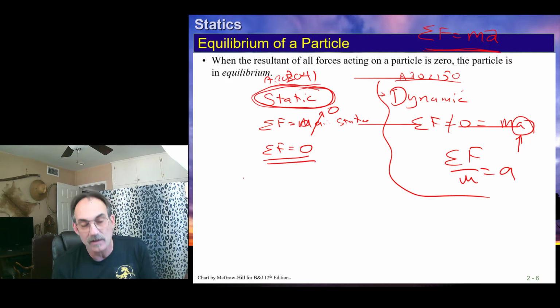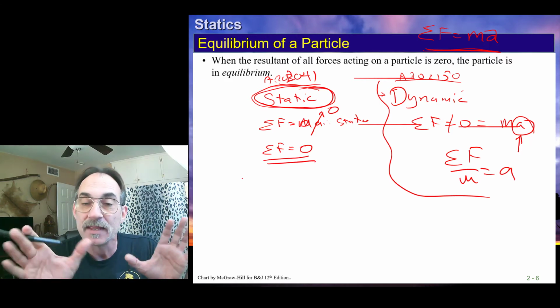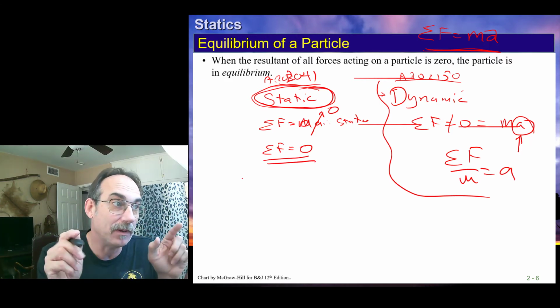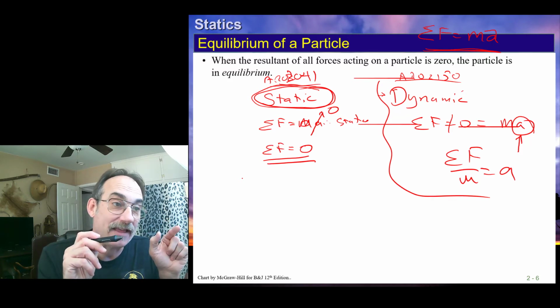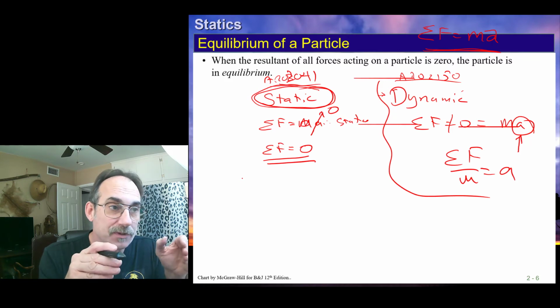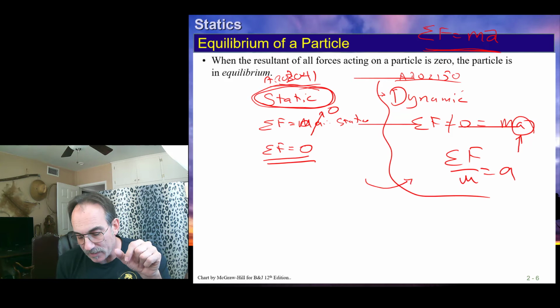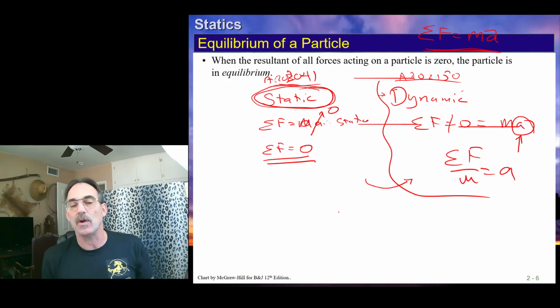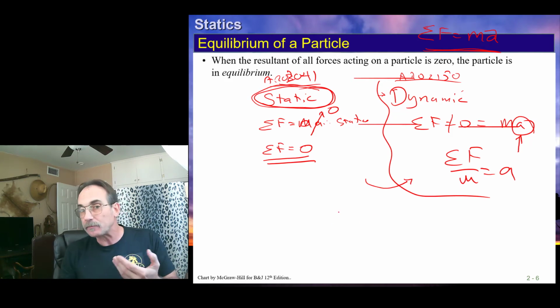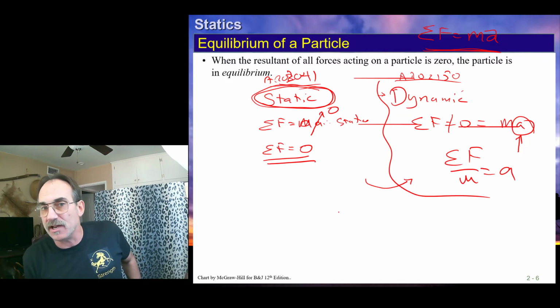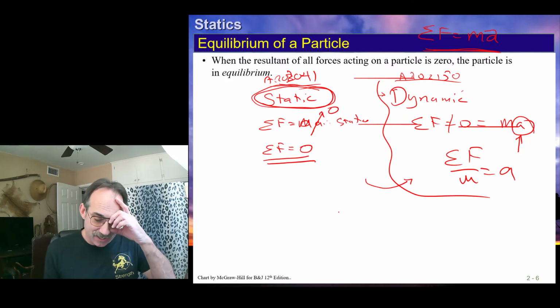That's required whenever we're not moving. Since we're focusing on non-moving problems, we're going to always be setting that to zero in this class. Once we've mastered all principles associated with statics, we're then ready to move on to looking at when the sum of the forces doesn't equal zero and what happens then, how the motion of the member is changed.